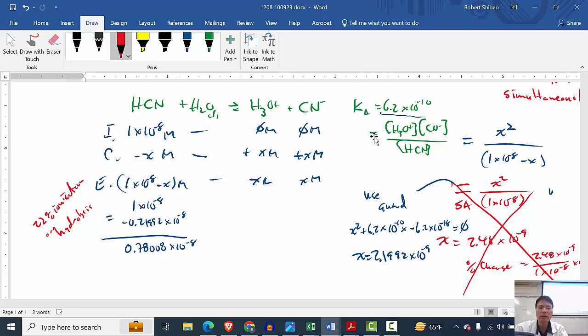I guess that's right. All right, this is going to be molar. And over here, this is just x, so it's just going to be 2.1992 times 10 to the minus 9 molar. And this one will be the same, 2.1992 times 10 to the minus 9 molar.